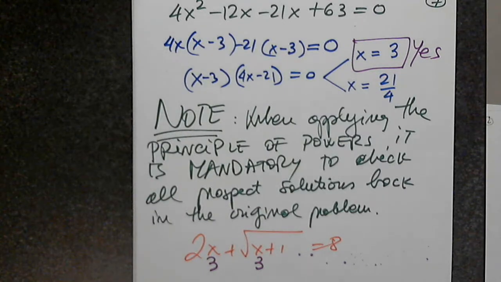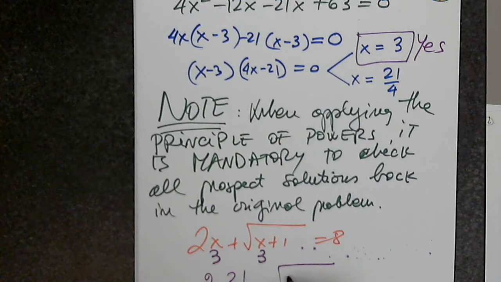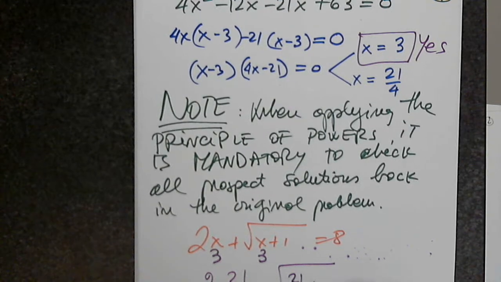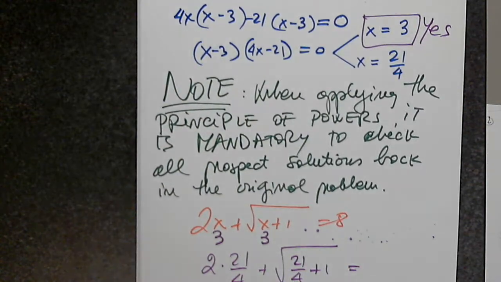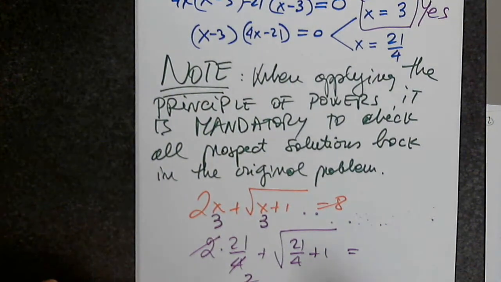But now I have to check 21 over 4. So 2 times 21 over 4 plus the square root of 21 over 4 plus 1. And let's see what we get. I will simplify because I'm simplifying factors. So in 21 over 2 plus, I have to find the least common denominator, which is 4.